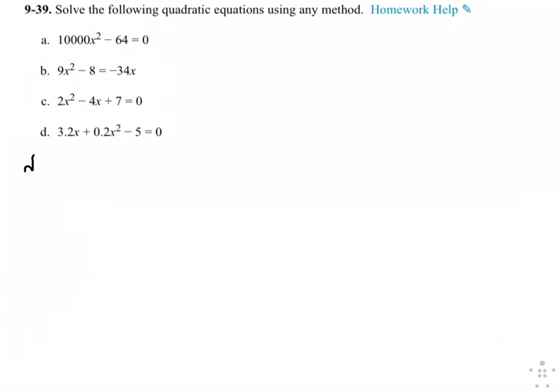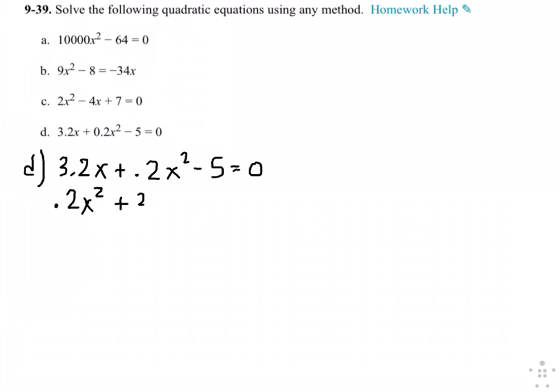For D, we have 3.2x plus 0.2x squared minus 5 equals 0. Let's rearrange to put the quadratic term first. 0.2x squared plus 3.2x minus 5 equals 0.